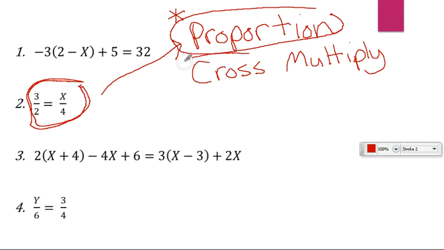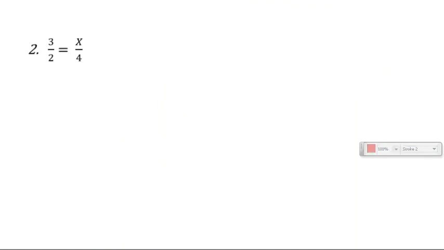And then if you know it's a proportion, to solve a proportion, you always cross multiply. So for this question right here, when we have 3 divided by 2 equal to x divided by 4, to cross multiply, the 4 is going to get multiplied by the 3, and the 2 is going to get multiplied by the x.